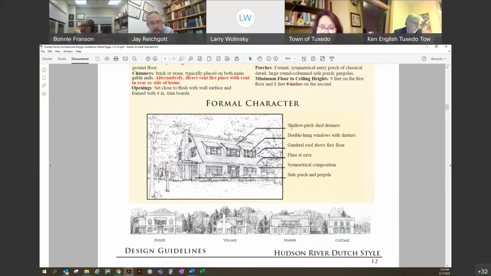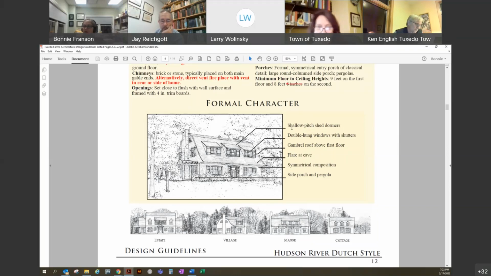Right. And I think that's what we'll get more of, the cottage and village styles, and just a few of the manor and estates. But that's fine. It's just how you take that idea and make it into something that fits this development.